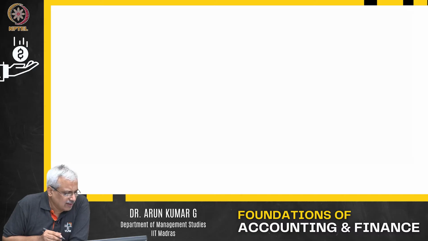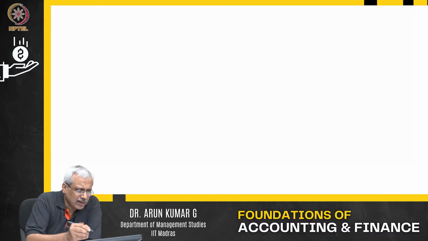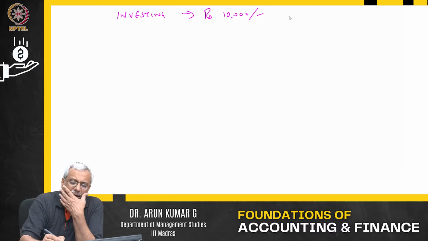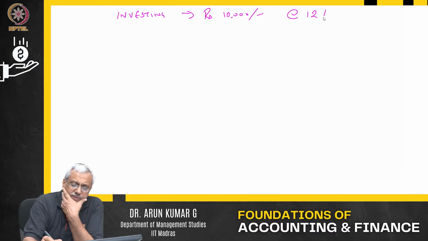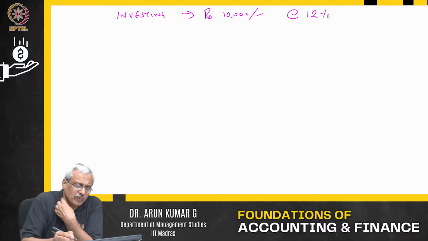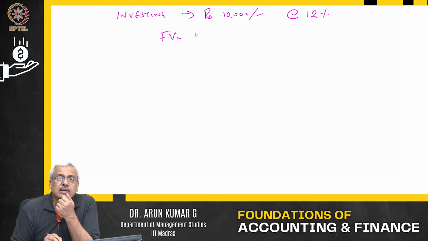Supposing I say that you are investing rupees 10,000 at the rate of 12%. What do we need to know? We need to know the future value of our investment, FV, nothing but future value.